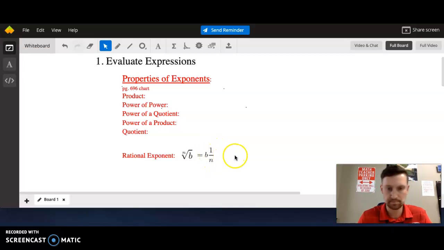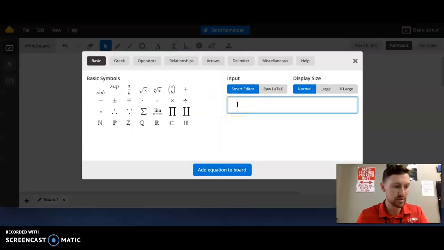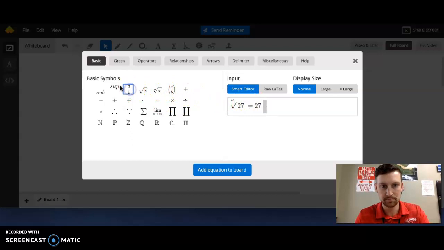Quick example of this, let's go back to our numbers here: the cube root of 27 is the same thing as 27 to the 1/3 power.